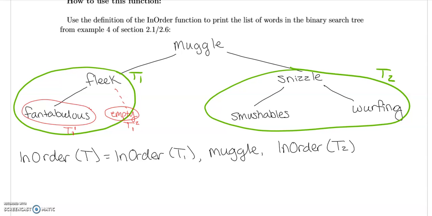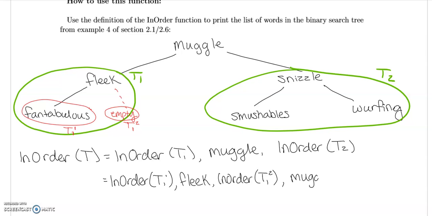If we do this using our recursive piece on just inorder T1, we'll take care of the rest later. This would become inorder T sub 1 superscript 1, comma, Fleek, comma, inorder T sub 1 superscript 2, and then the rest would just follow for now: Muggle and the inorder T sub 2.